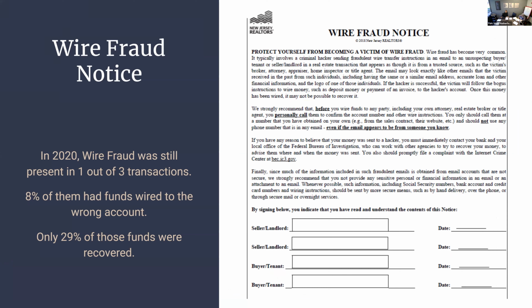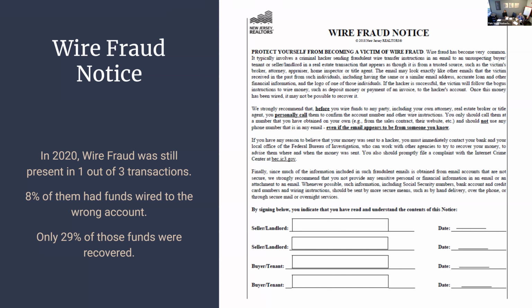Buyer fraud. Or seller. So quick note on this one, buyer fraud is still present in 2020. So you can just pay attention to the screen and then you'll recognize them. Buyer fraud is something that we have signed with every single client. 8% of the funds in 2020 went to the wrong account, so it's super serious.